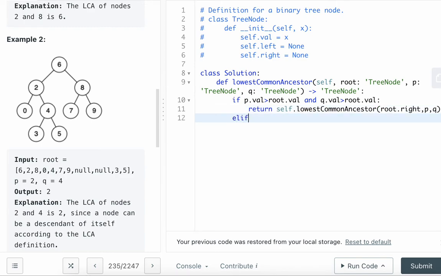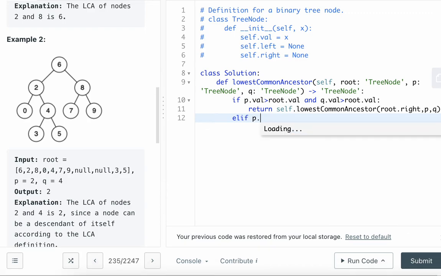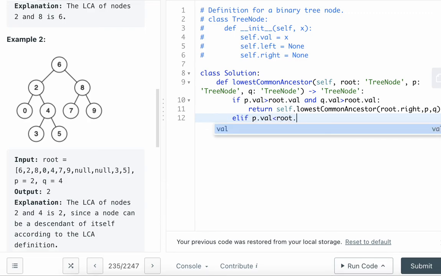The other scenario is if p.val is smaller than root.val and q.val is smaller than root.val.